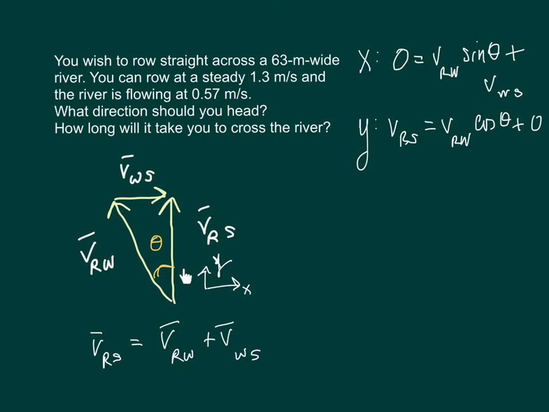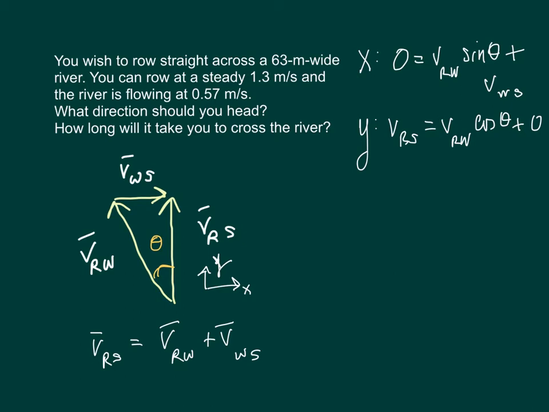And you can see this is the adjacent over the hypotenuse. So we have the magnitude v of the rower in the water multiplied times the cosine. And then finally, the y component of the current here is 0. The current is all in the x direction. So now we have two equations and we're able to solve the problem.